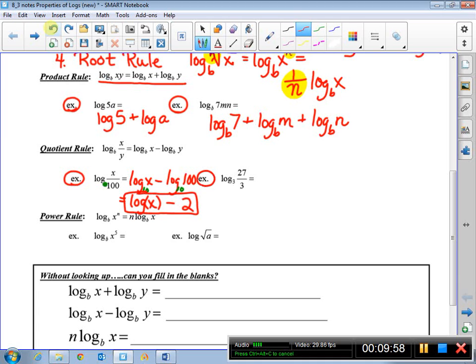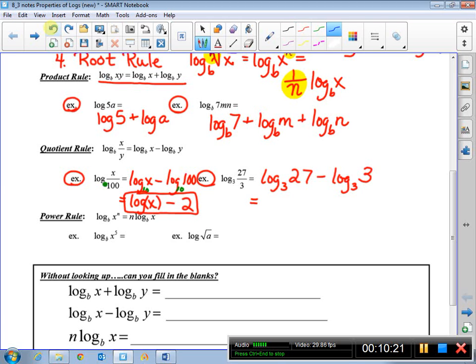Next example, log base 3 of 27 divided by 3. So because we're dividing, we will subtract. This one gives us a base of 3. So you're not done if you can actually evaluate these.